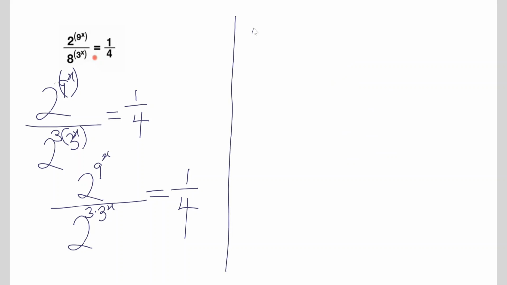2 to the power of 9 to the power of x, then minus 3 multiplying 3 to the power of x, everything equal to 1 over 4.